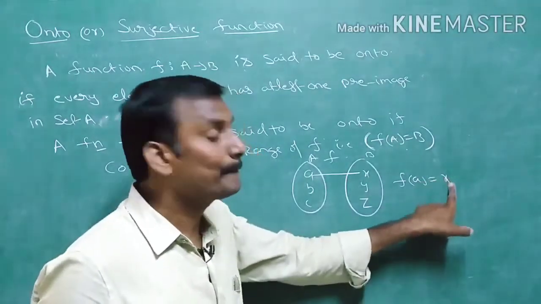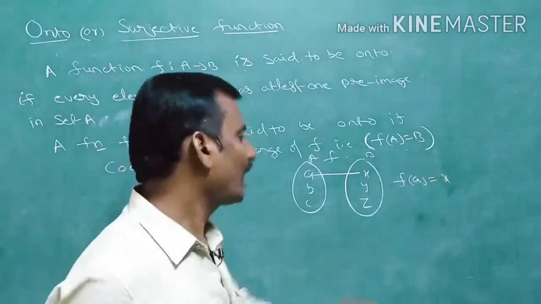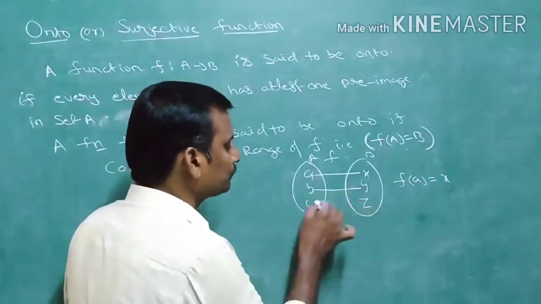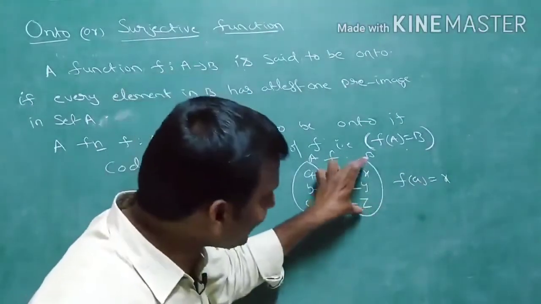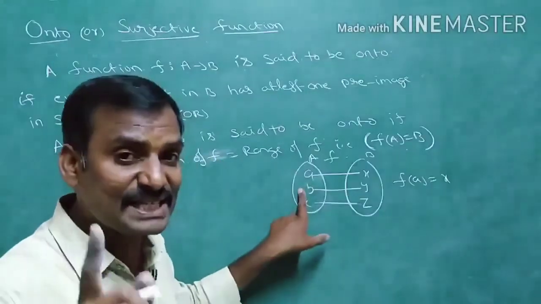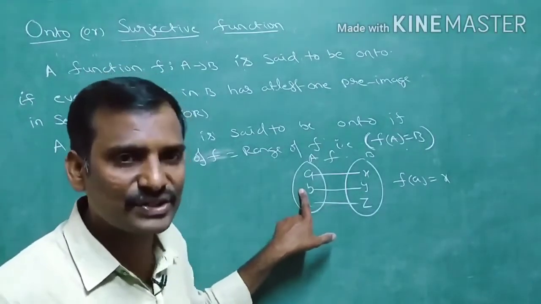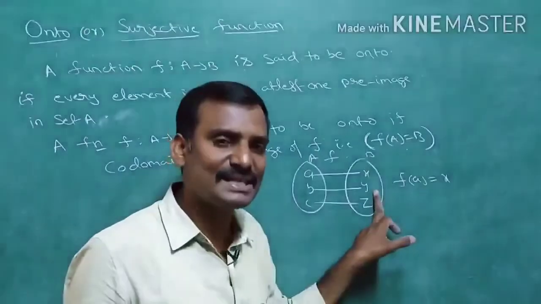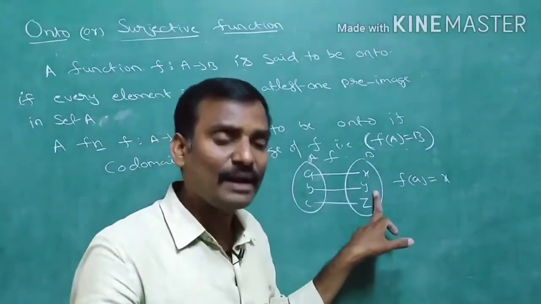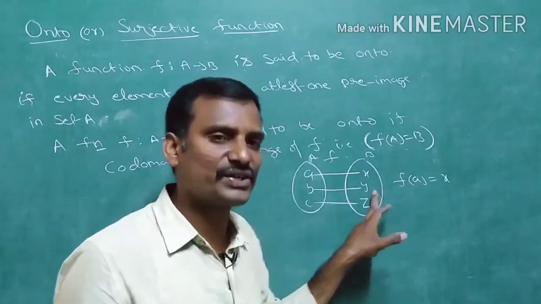A is called the pre-image of x. Every element in set B has at least one pre-image in set A, that is called an onto function.